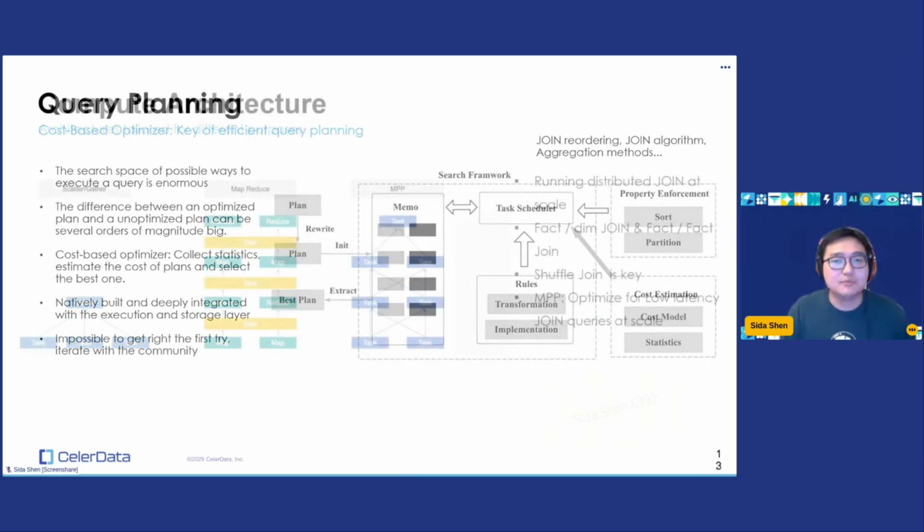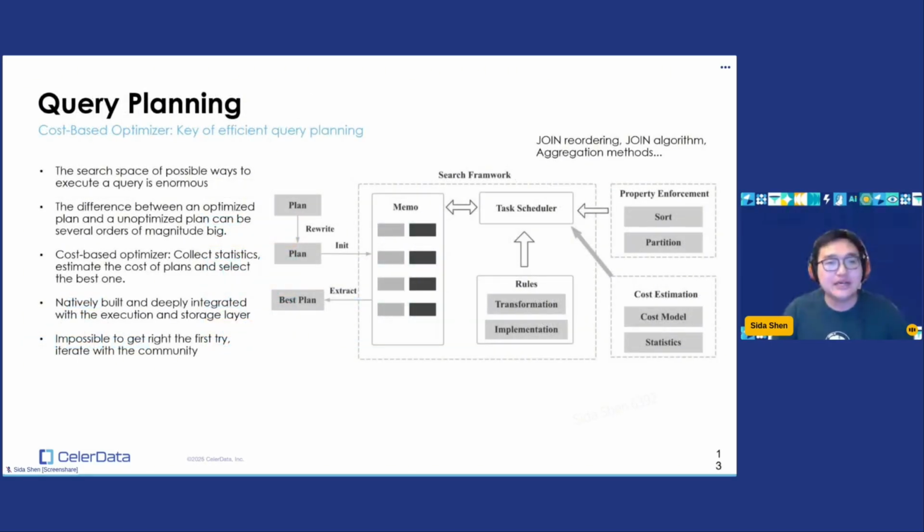So this is compute architecture, and the next is query planning. Query planning is especially important when joins are in consideration, right? With joins in consideration, the search space for possible ways to execute a query, just to join a few tables, is enormous, right? The difference between an optimized plan and an unoptimized plan can be several orders of magnitude, right?